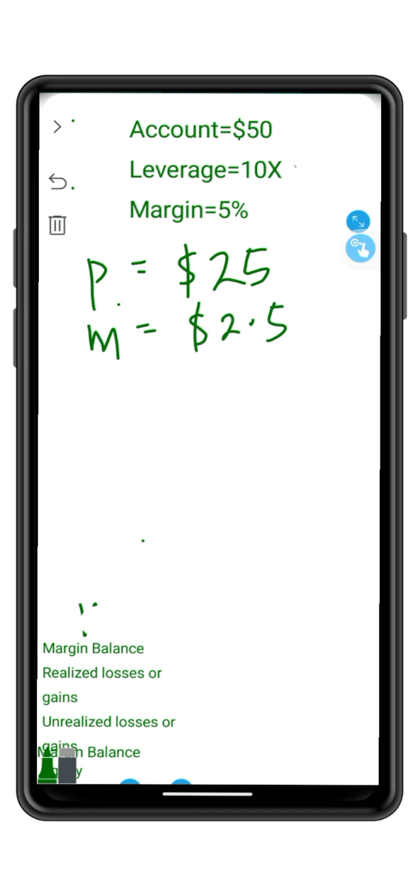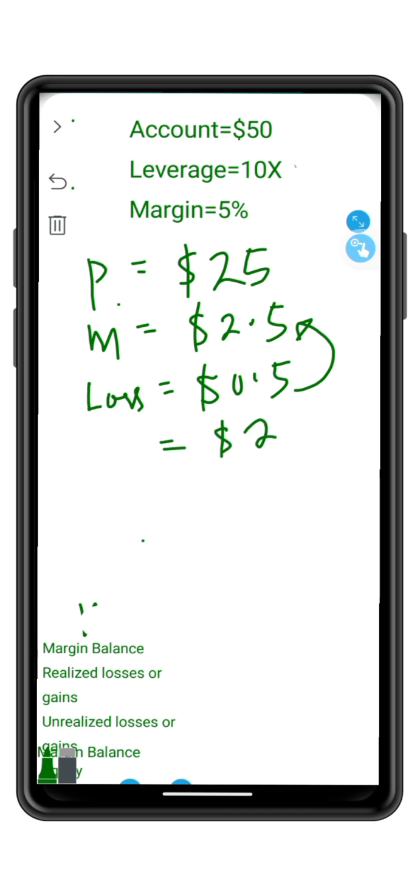So if you're making a loss of 0.5 US dollars, that means you are losing it from your margin. So that means you still have 2 US dollars available as your margin balance.